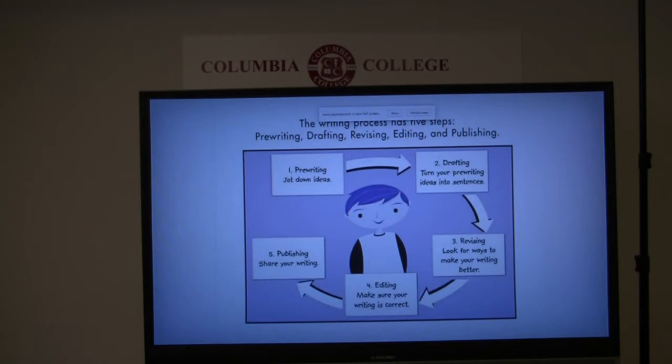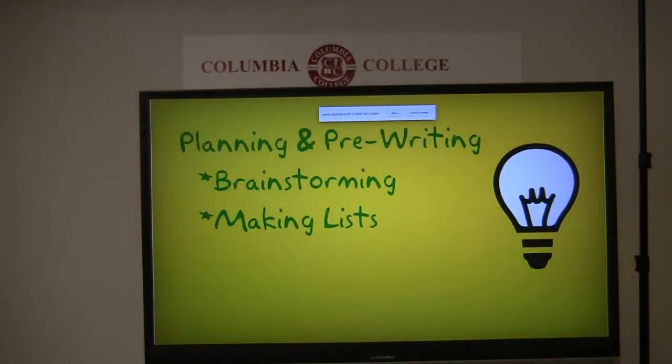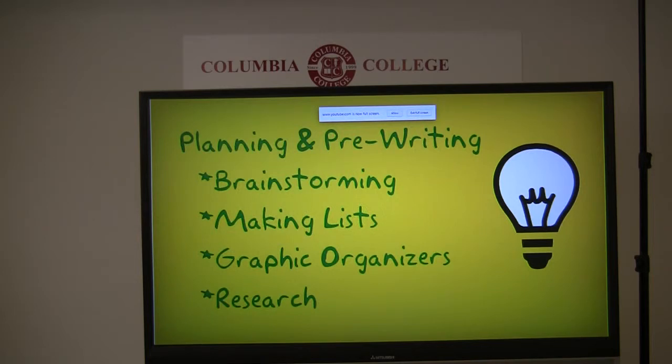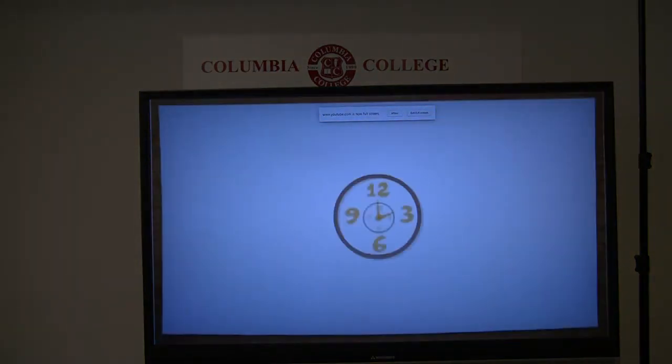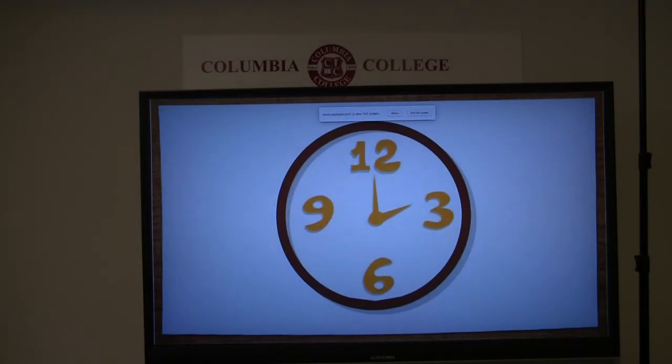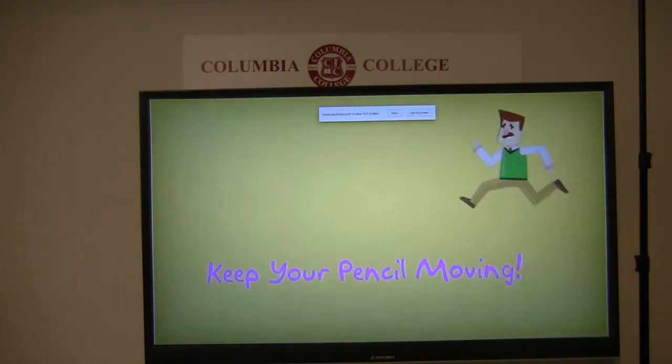The first step in the writing process is pre-writing, and it consists of all of those tasks that writers do before they put pen to paper, including brainstorming and making lists. In the pre-writing stage, consider setting a timer for 3 to 5 minutes, depending on the length of your paper. It's key to keep your pencil moving or keep your fingers typing on the keyboard. Don't edit or censor your ideas. Write everything down that comes to mind.